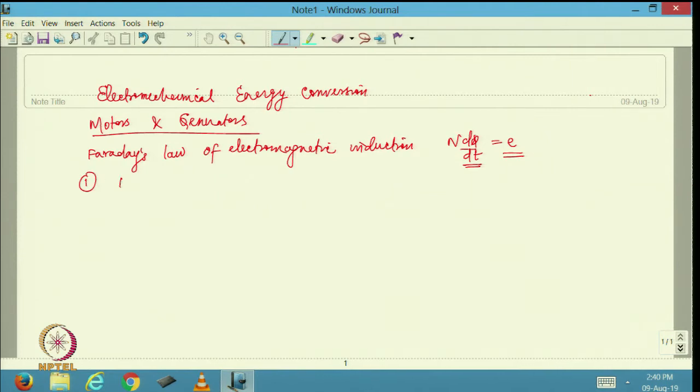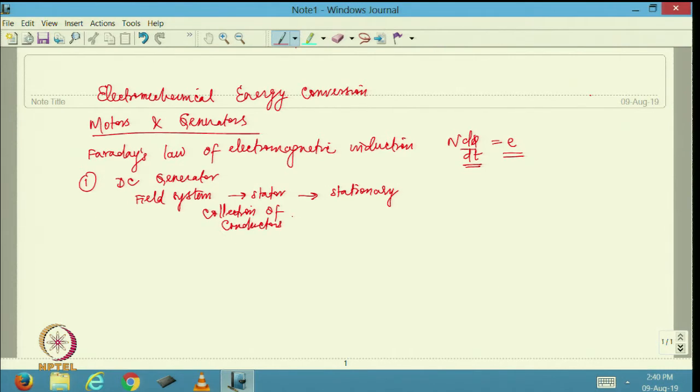For example, if you look at a DC generator, what we have is a field system in the stator, that is the magnetic field is created in the stator. So, the magnetic field is going to be stationary. Because of which we are going to have a collection of conductors which is known as armature.